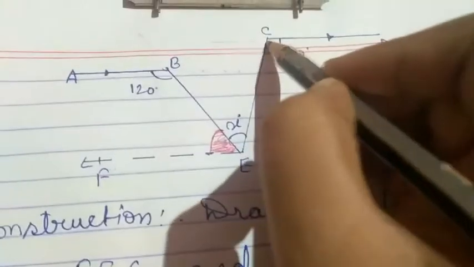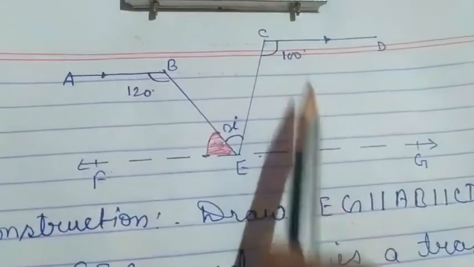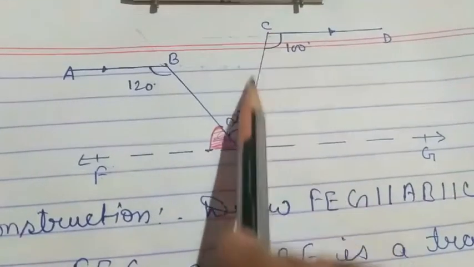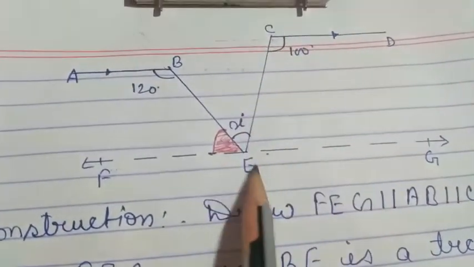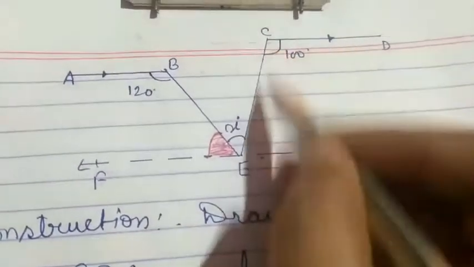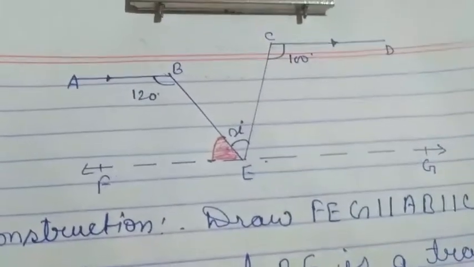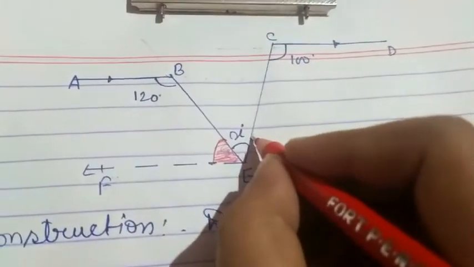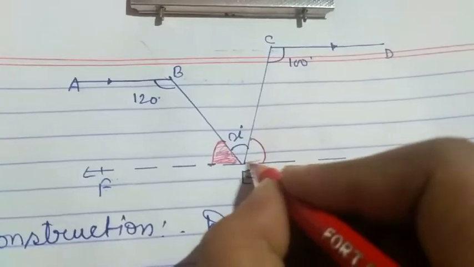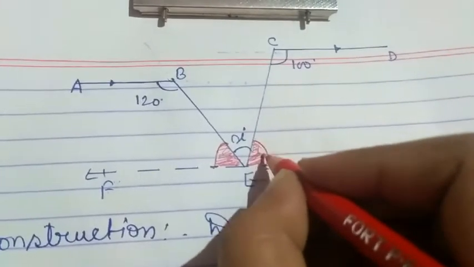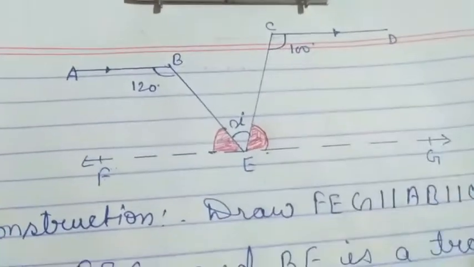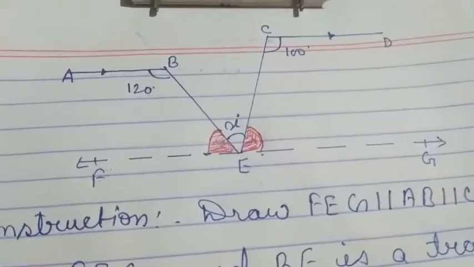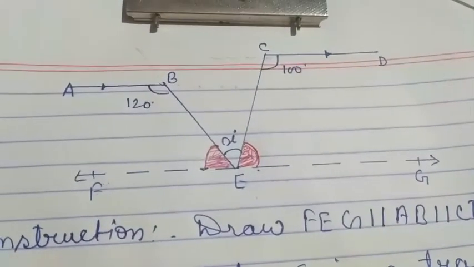And second thing also, if you extend it like this, so again this one is parallel to this one and this one is transversal, that means CE is transversal, then also these both angles are which angle? Tell me. Co-interior angles. Yes, co-interior angles or consecutive interior angles.